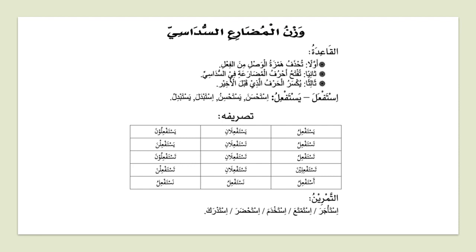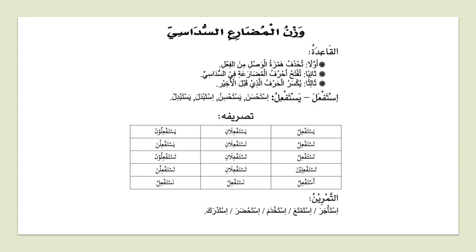So he said that the hamzatul wasl is dropped from the verb. If you look at istaf'ala, that was the past tense. Istaf'ala, the hamzatul wasl is dropped. We get yastaf'ilu. It's dropped from every verb on the scale. Whatever happens to the scale will happen to every verb on that scale, so you know the rules for every scale.